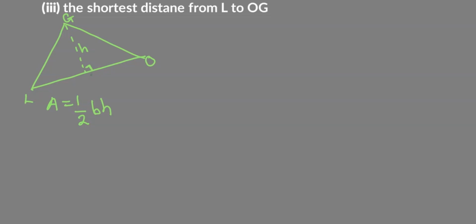If we do the same, instead of using this height, we get a different height. Let's say a height from the vertex L that comes here to meet. So that can be done better. It should be at 90 degrees. This height here we're going to get, and the base of this, the length OG.